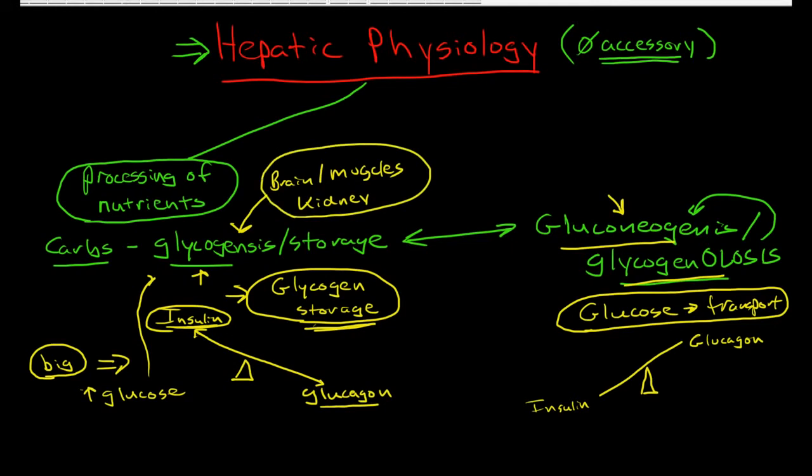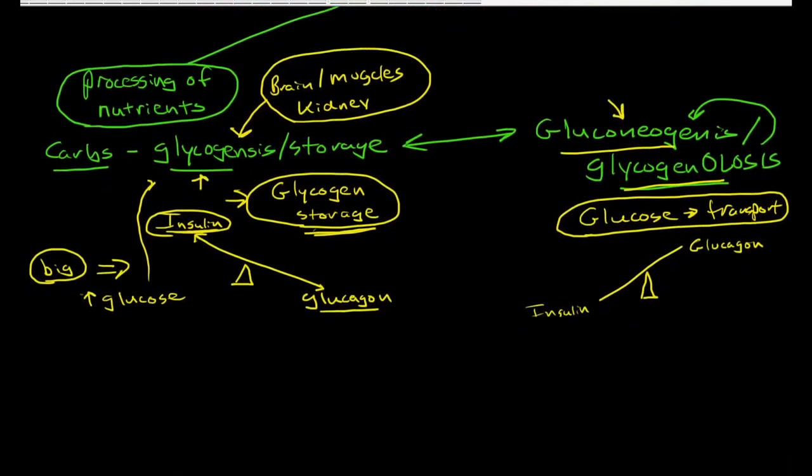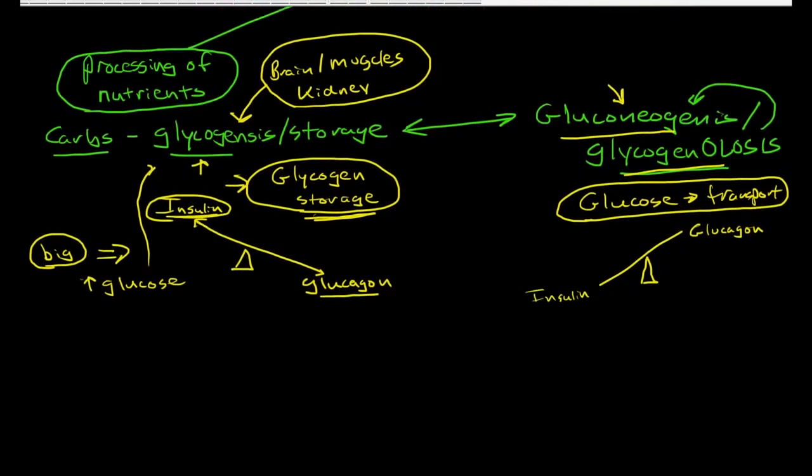Okay, so what other nutrients? Processing of nutrients. The other two big nutrient groups are obviously proteins and lipids. So the GI tract has digested and broken down proteins into amino acids.